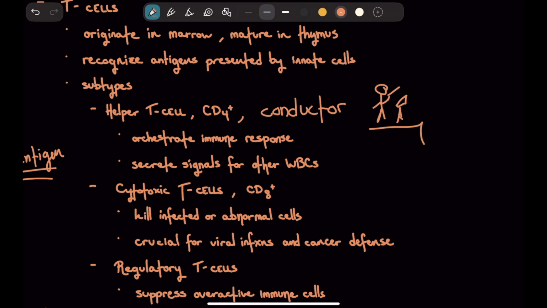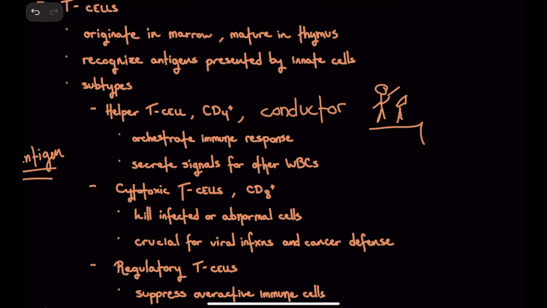They secrete a bunch of signals and chemicals that orchestrate the immune response. If we don't have these, then B cells don't get activated properly. Other white blood cells aren't recruited as well. That's another big thing. We get more white blood cells in the periphery. So your helper T cells are the generals. They make sure everything is occurring in the correct way and that all the players that are needed are there when it's necessary.